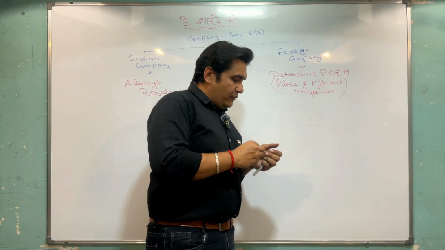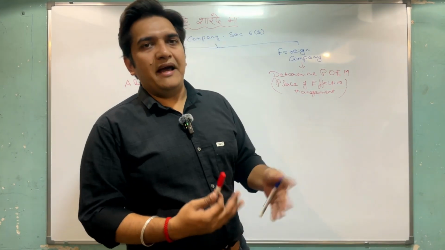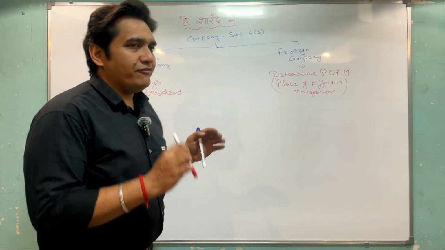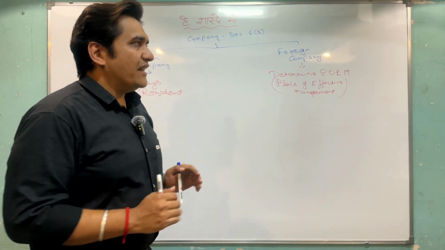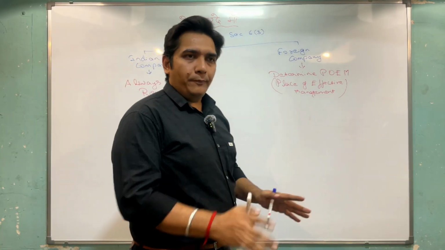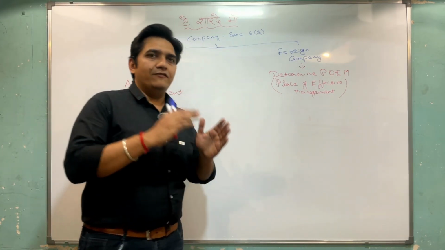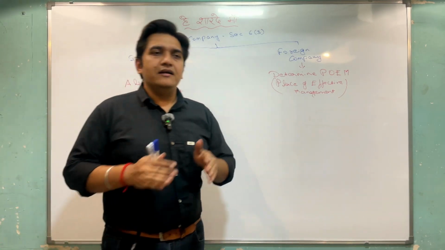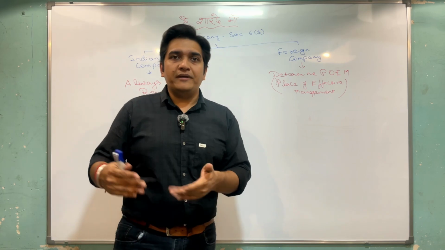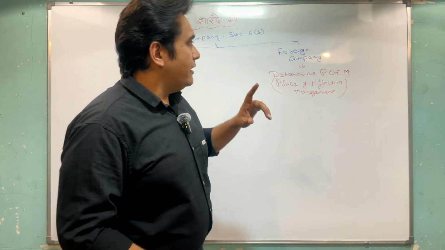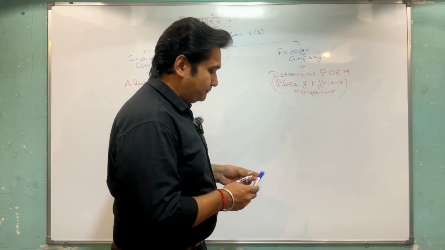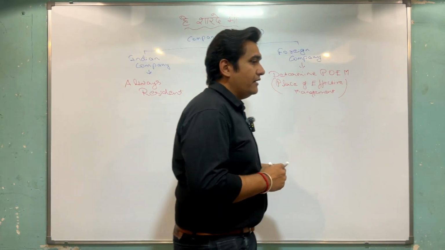Now, like we discussed what is control and management of the affairs, this is something similar. It means where the management is taking decisions related to the company, not the day-to-day operations. A foreign company might have certain part of its operation in India, certain part outside India. It might have the majority of its operations in India. However, what determines the residential status is the place of effective management, right?